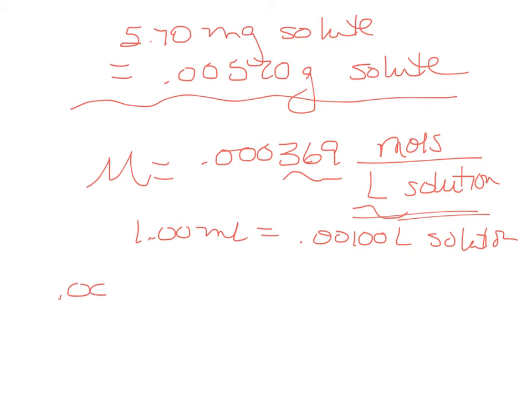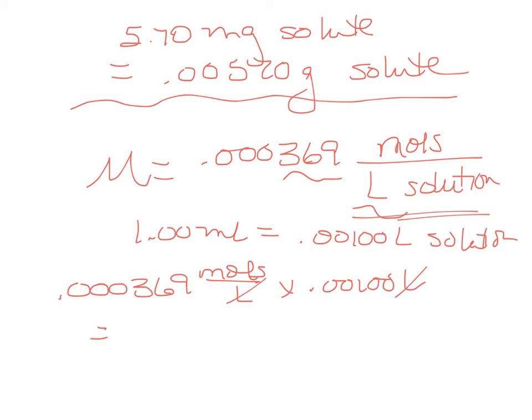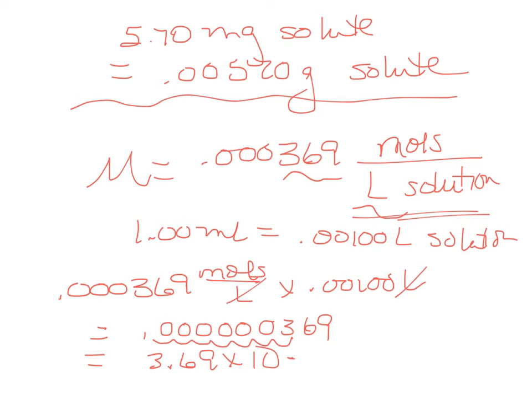If I have 0.000369 moles per liter, and I multiply it by the liters that I have, 0.00100 liter, guess what, guys? I get moles. And I would get 0.0000003 something, so I'm going to go ahead and put that in scientific notation. 3.69 times 10 to the minus 7 moles of solute.